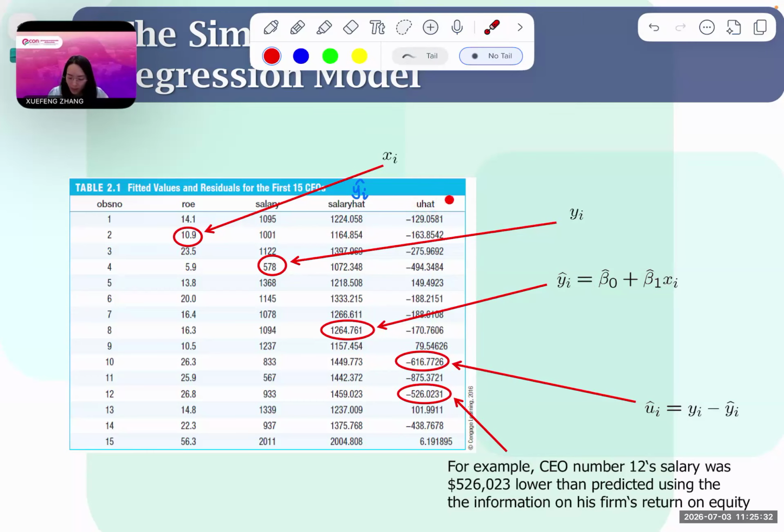And we have mu hat here, the residuals, right? Those columns are the residuals. You can see some are negative, some are positive. So here mu_i hat equal the true y minus the fitted y. For example, here, CEO number 12. CEO number 12's salary was $526,023, lower than predicted using the information on his firm's return on equity. Okay, lower.